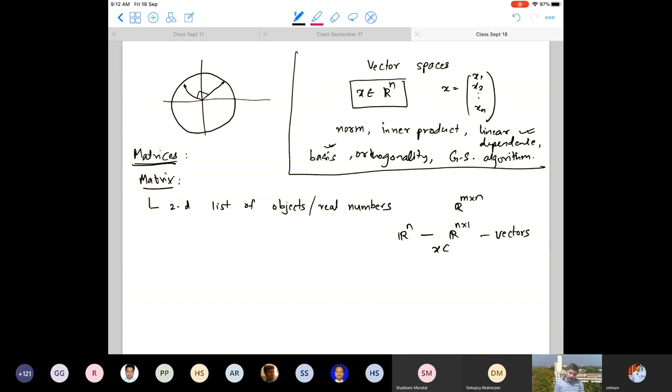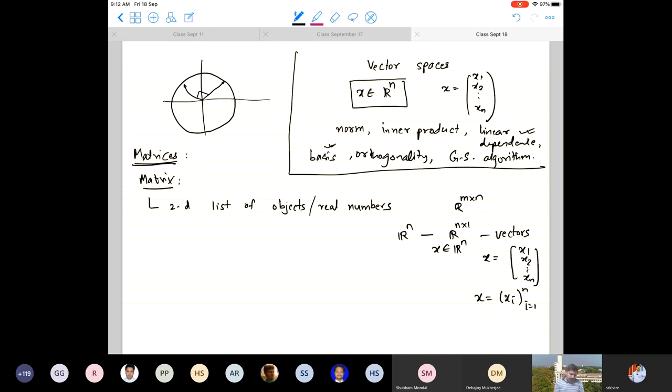And if x belongs to R^n, or R^(n×1), we wrote x with one index only: x1, x2, ..., xn, or basically x was equal to (xi), i going from 1 to n. So this was enough. With only one index we were able to tell what the vector x is.